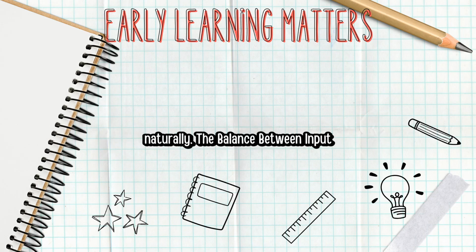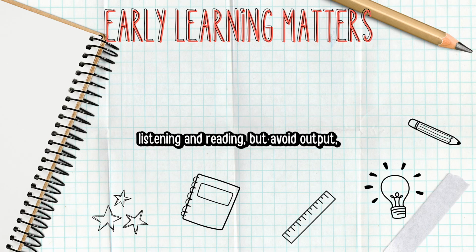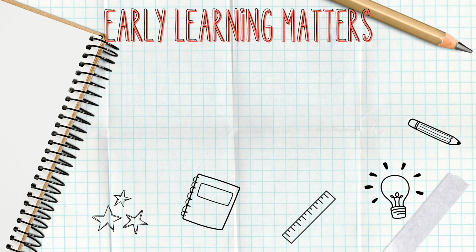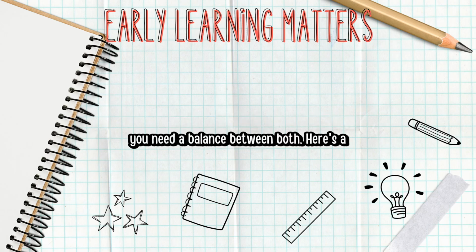The balance between input and output. Some learners focus too much on input, listening and reading, but avoid output, speaking and writing. Others try to speak and write a lot, but don't get enough input. To improve quickly, you need a balance between both.